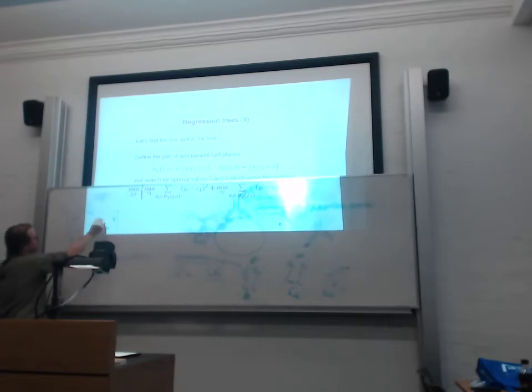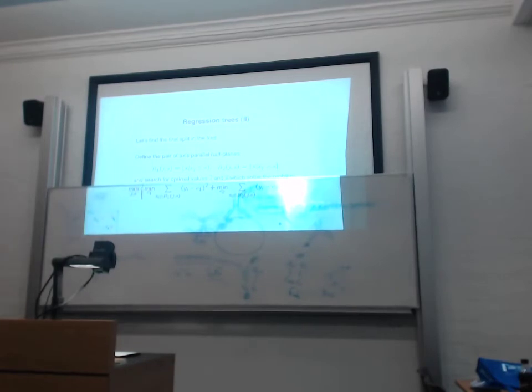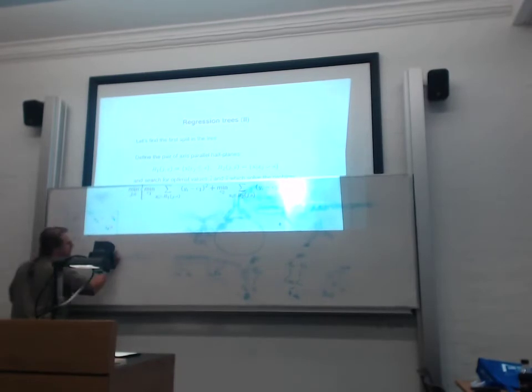This is 5, 10. So here we have a series of points. And the idea of producing an axis parallel half plane is, so let's say this is our x1 axis. Let's say this is our x2 axis.